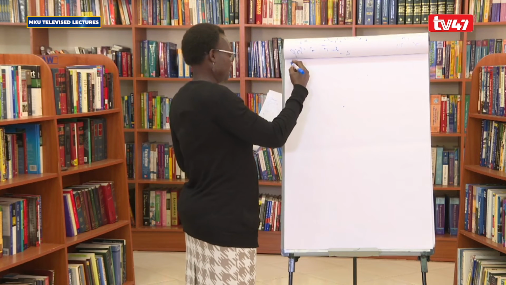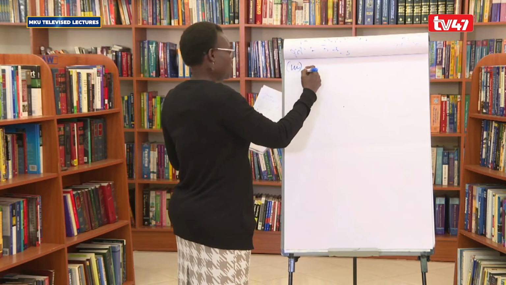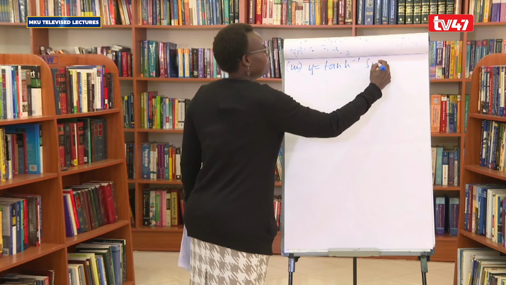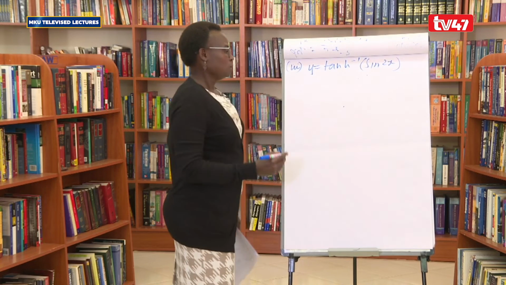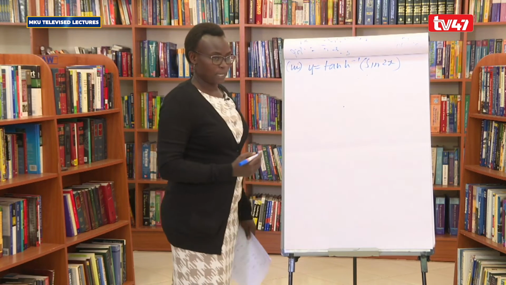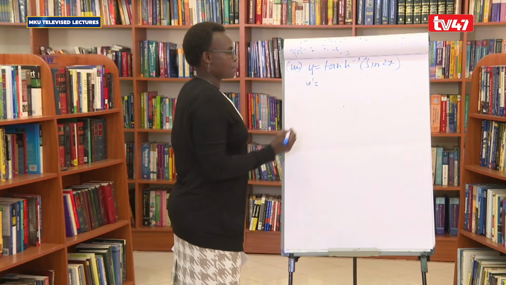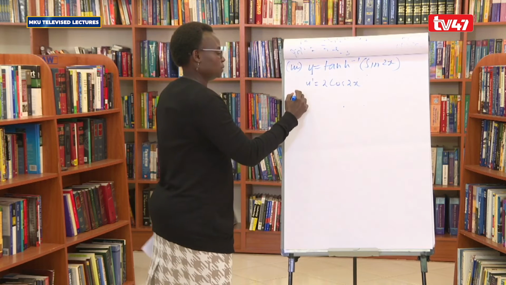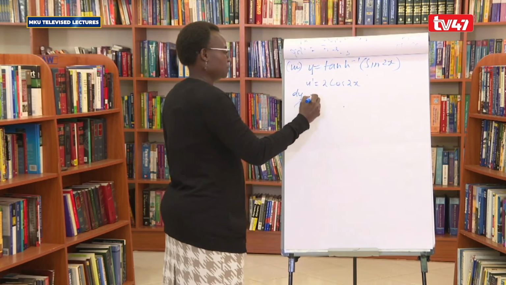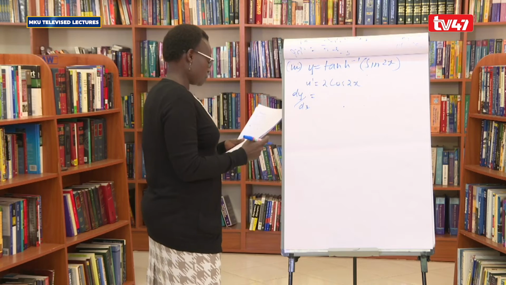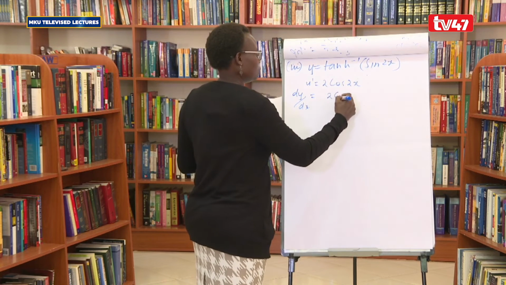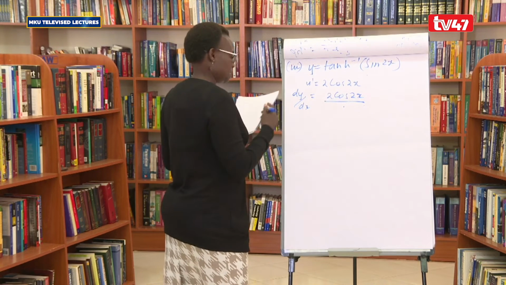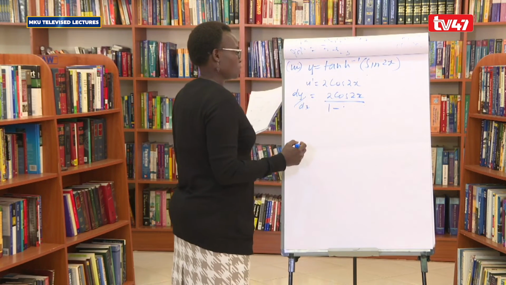The third example, y is tan hyperbolic inverse of sine 2x. So our u here is sine of 2x, and our u bar is going to be 2 cos of 2x. So then the derivative would give us u bar, which is 2 cos 2x, over 1 minus u squared.